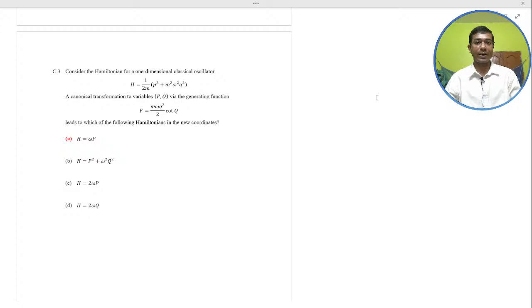Canonical transformation, classical mechanics. The F1 is what?